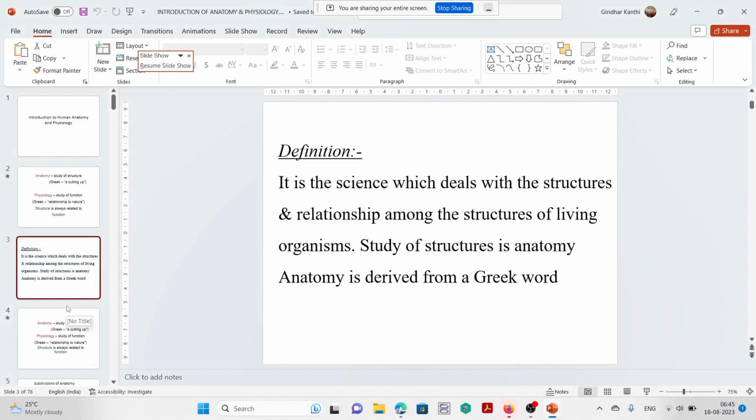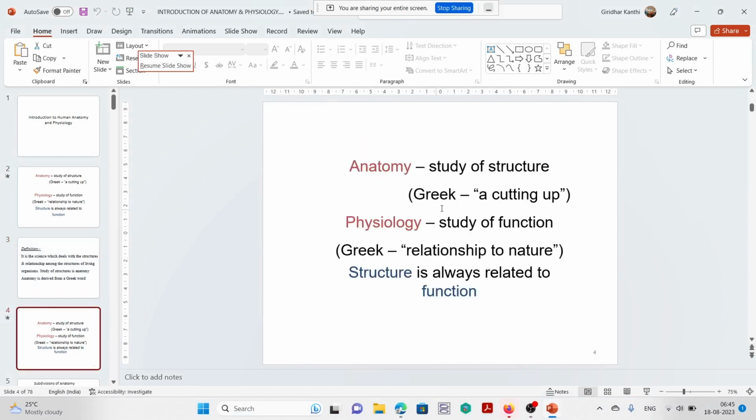Here, once you know the definitions in simple words, study of structure and study of function, it will be simple to understand these two bio subjects, bio functions.